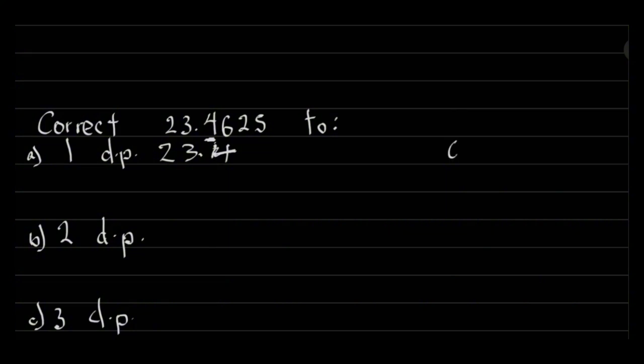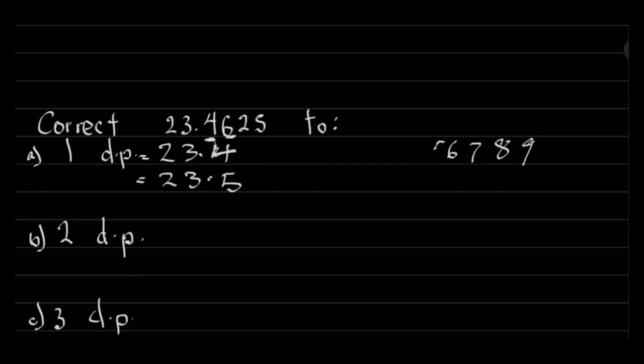But then we have to consider the number after the decimal place we are running up to. If the number is 6, 7, 8, 9, then we have to add 1 to it. So this is actually supposed to be 23.5, because the number after 4 in the actual number is 6. We are to add 1 to 4, making 5.